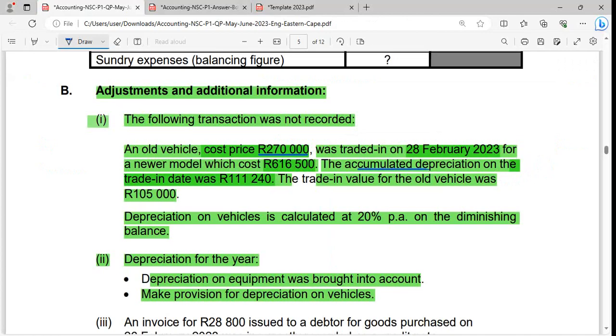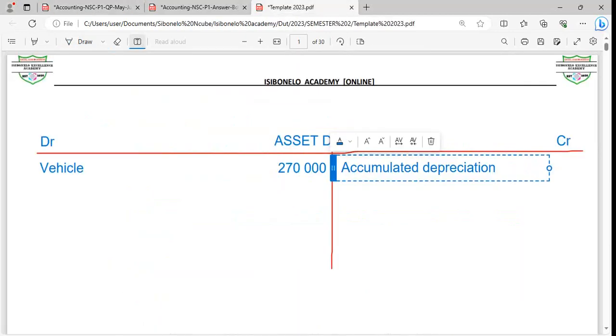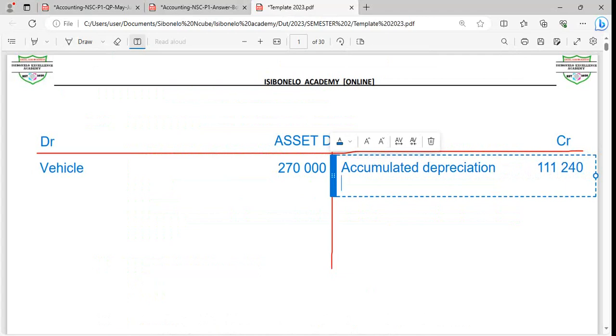So we are told that the accumulated depreciation on the trade-in date was 111,240. So we have 111,240. And then on the credit side again, we disclose the trade-in value.